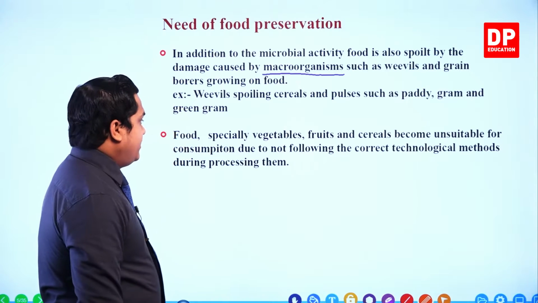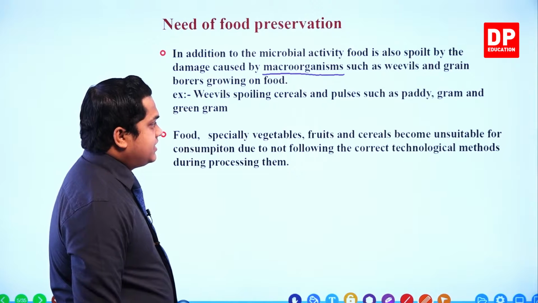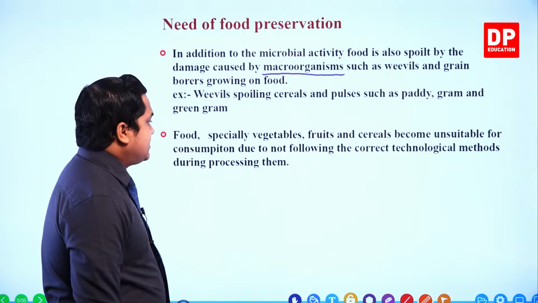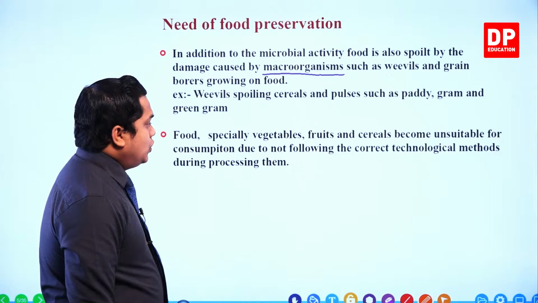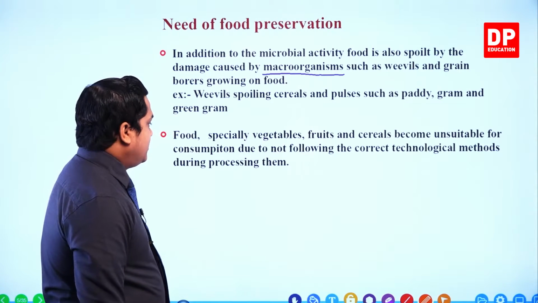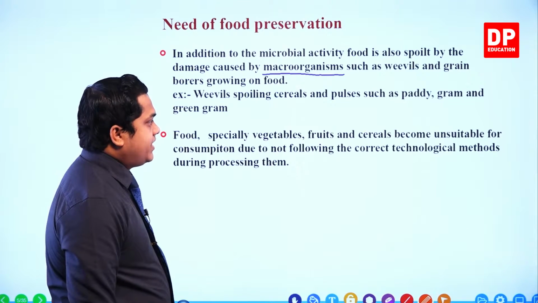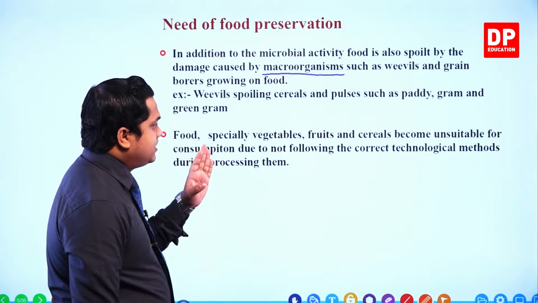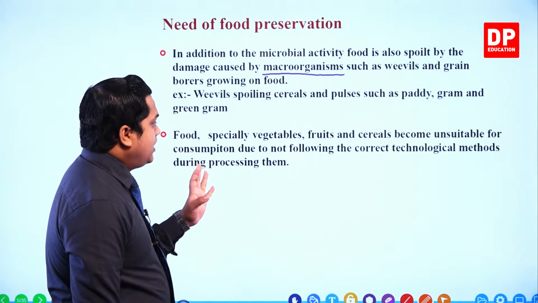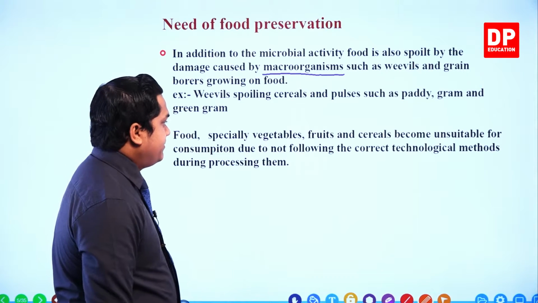Then the next one given: food, especially vegetables, fruits and cereals, become unsuitable for consumption due to not following the correct technological methods during processing them. So especially, my dear children, if you take vegetables, fruits and cereals, they become unsuitable for consumption due to not following the correct technological methods during processing them.